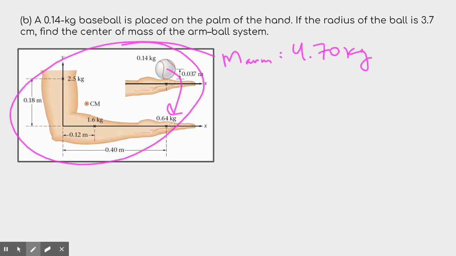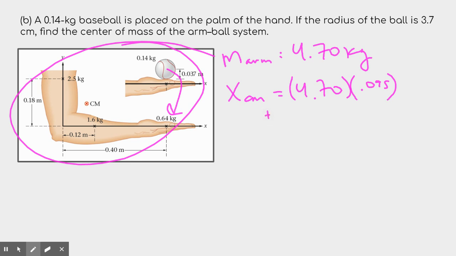You're going to find the x and the y components. So for the x component, for our center of mass in the x direction, we know the arm is 4.70 kilograms. And our point, well, we found that in the previous part, in part A, it's 0.095.